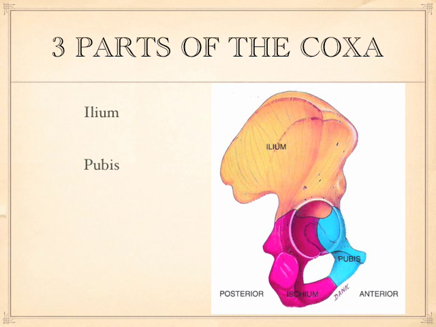You would know that the pubis is in the front, right? You know where your pubic area is, I think, right? Pubic area is in front. It's called your pubic area because the bone underlying it is the pubis. And that's this piece right here.